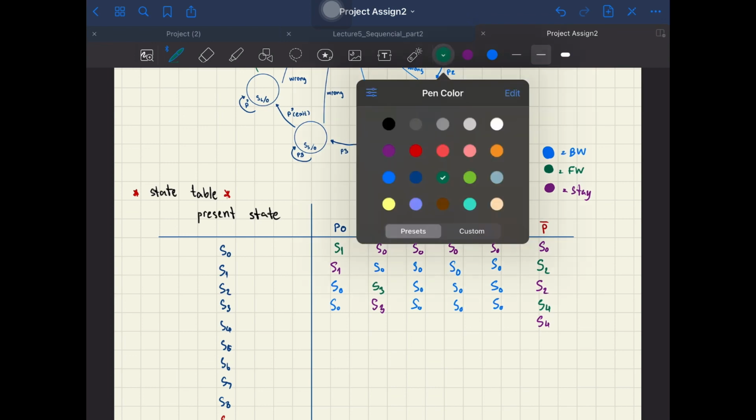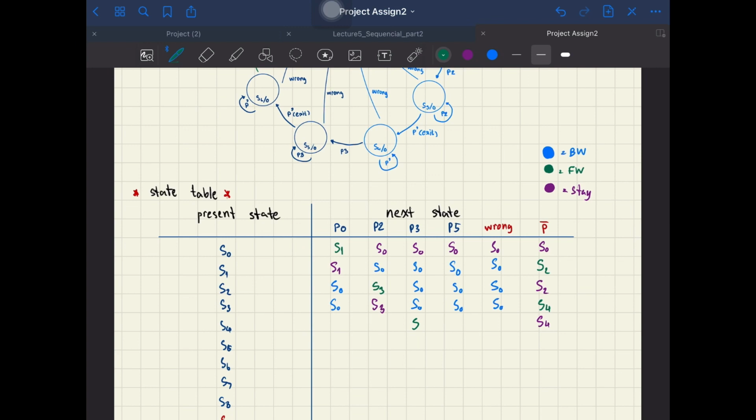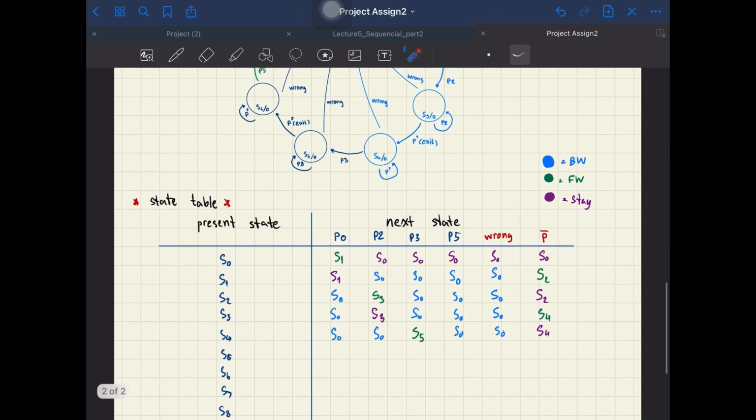Okay, it's forward. Press P3, go to state 5. And then the other case is go back to state 0. Let me check. At state 4, leave the button, it means that you stay, and press 3 to go to state 5, correct?